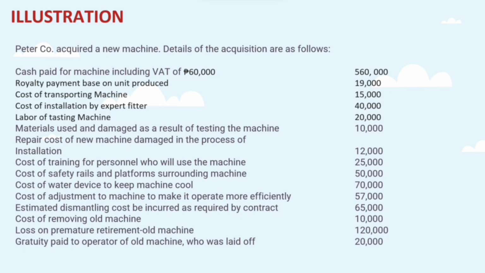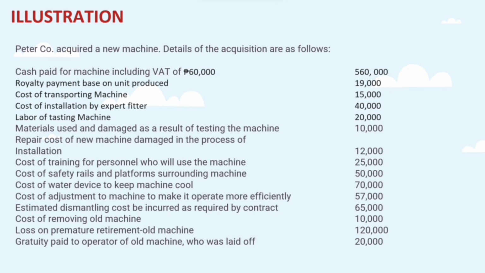So the explanation for royalty payment based on units produced is the royalty payment on machine produced should be included as part of manufacturing overhead because it was based on units produced. So for the repair cost of new machine damage in the process of installation, it should be under repairs expense.